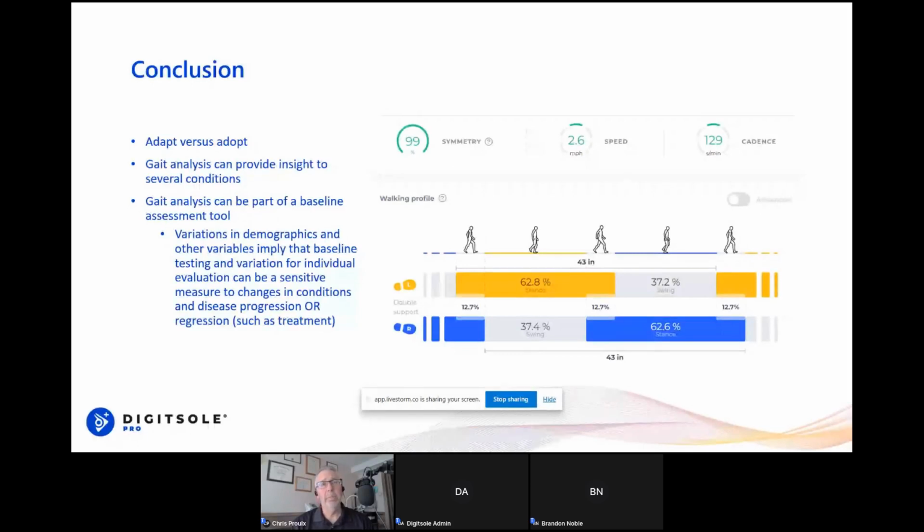And so that's the beauty of movement analysis, and being able to pick and choose the components that are necessary for you and your patients. As I mentioned earlier, it provides a lot of insight to many, many different conditions. And I would argue that it's probably one of the best baseline assessment tools. And so we utilize it for an athletic population.